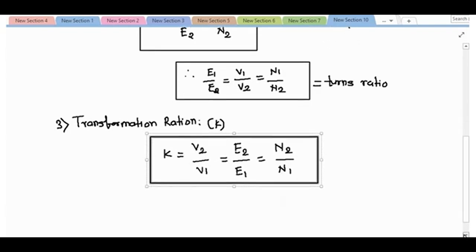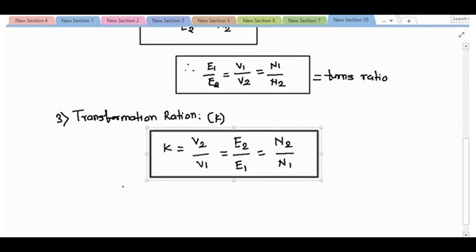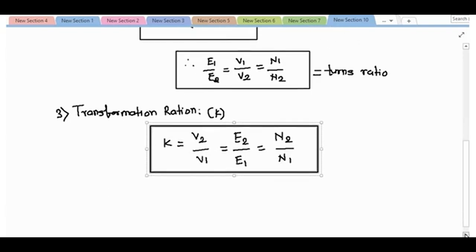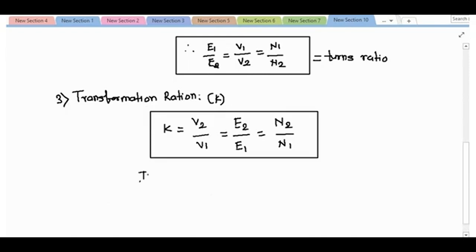Okay. So please listen here carefully. Now, if my K is less than 1, it means that V2 is less than V1. Means your secondary voltage is less than the primary voltage.